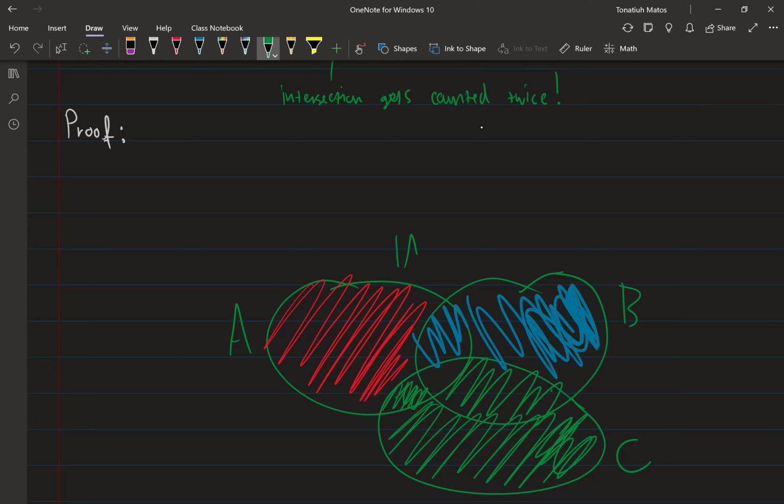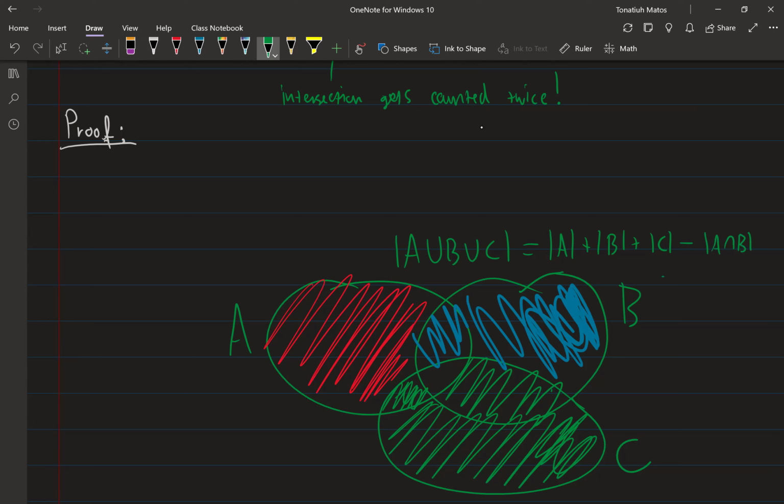So in this case, if I want to calculate A union B union C, it is okay if I just add the individual sizes using the rule that I haven't proved, but I just convince you this is true, which you will help me prove in a second. I need to remove the intersections, right?